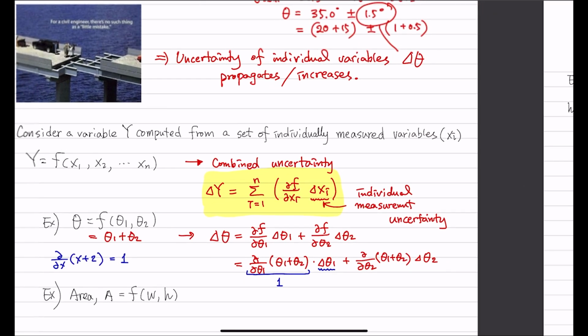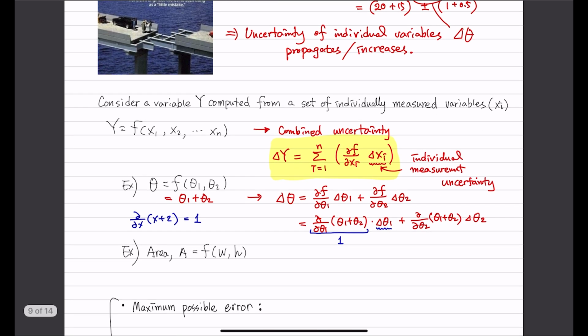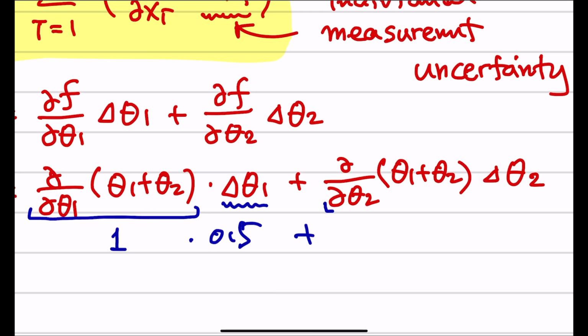The value of that guy was what? It was 0.5. So it's 0.5 plus this one. What's the value of this partial derivative? 1, thank you. Because here, it's with respect to theta 2. So this guy, we're just considering as a constant, like 55. So this guy goes away, right?